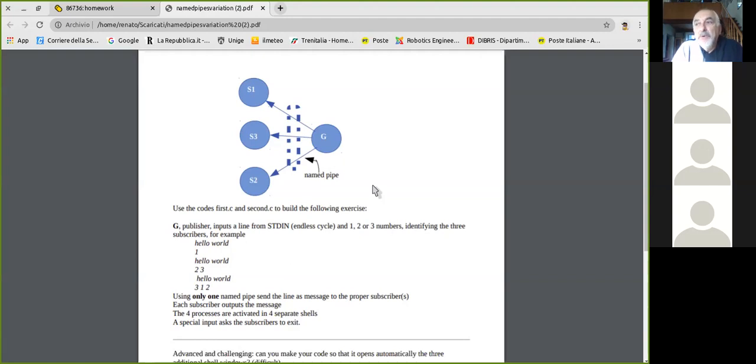It's one of the most widely used methods in big concurrent systems, in which there is a publisher of some data, an asynchronous publisher. So it is not given a period of time or a temporal law that the publisher, in this case the G process, observes. The G process sometimes generates data.